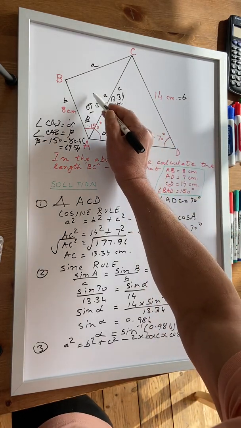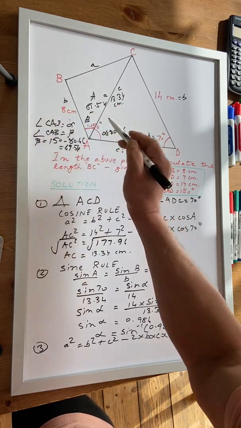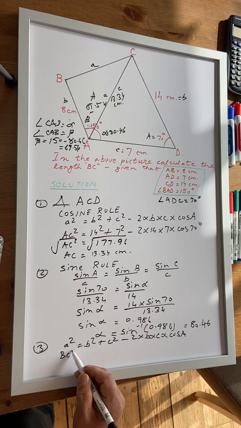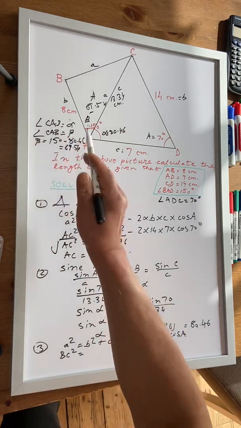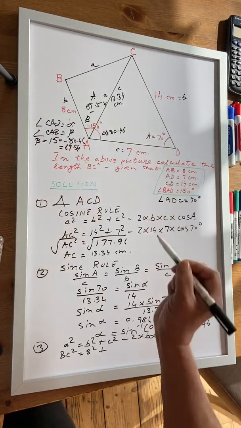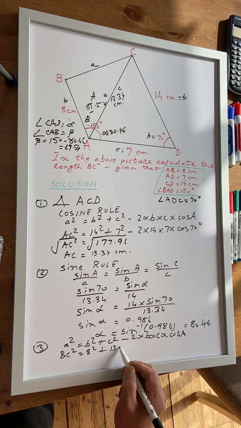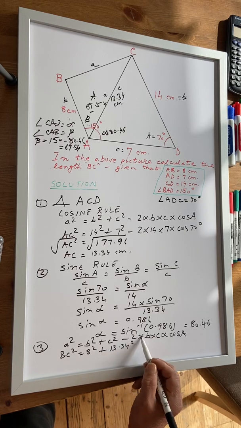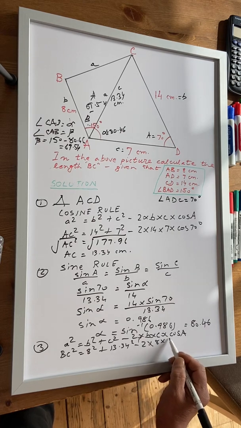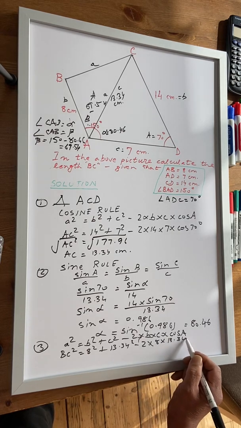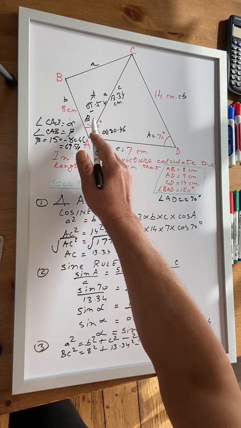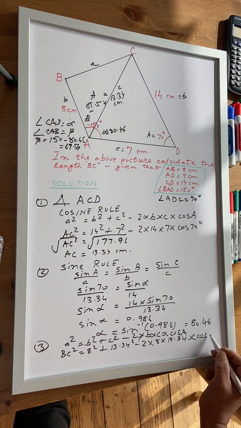That is our angle A. So we will put it in the equation. BC square is equal to 8 square plus 13.34 square, take away 2 times 8 times 13.34 times cos that angle, which we found out to be 69.54.